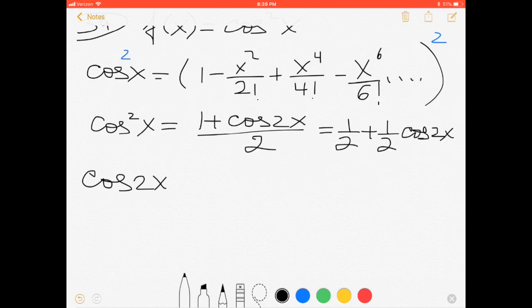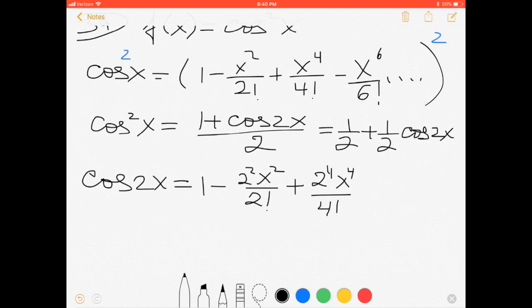In our given Maclaurin series we only switch for 2x, and we have 1 minus (2x) squared over 2 factorial plus (2x) to the 4th over 4 factorial minus (2x) to the 6 over 6 factorial, and continue.